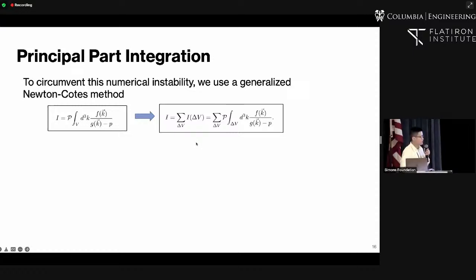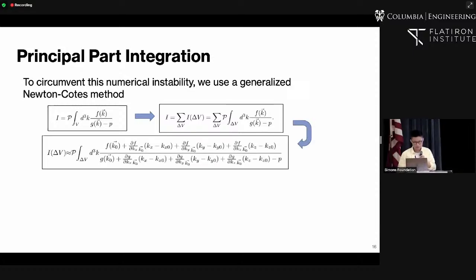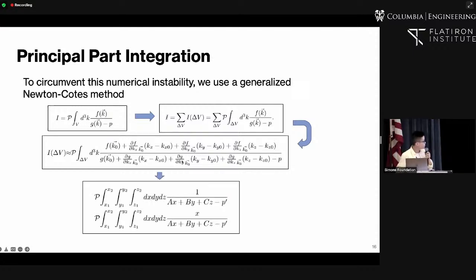If the region is small enough, then we will feel comfortable doing the Taylor expansion for both the numerator and the denominator. And if you look at this expression, you will realize that there are really only two forms of them, basically this one and this one. The good thing about those integrals is that they can be performed analytically. So this analytical integration should be able to eliminate the numerical instability in the principal part integration.